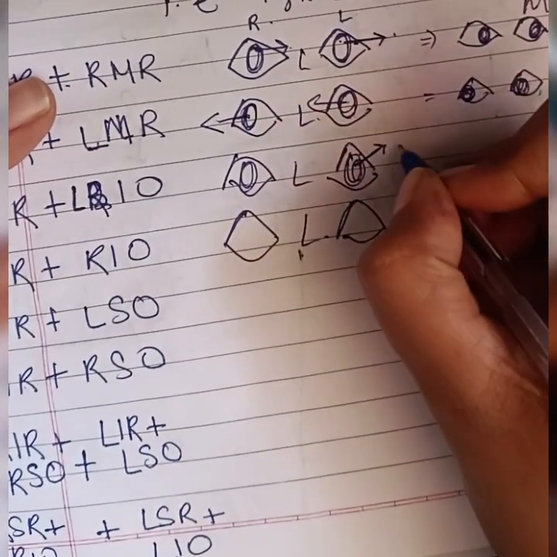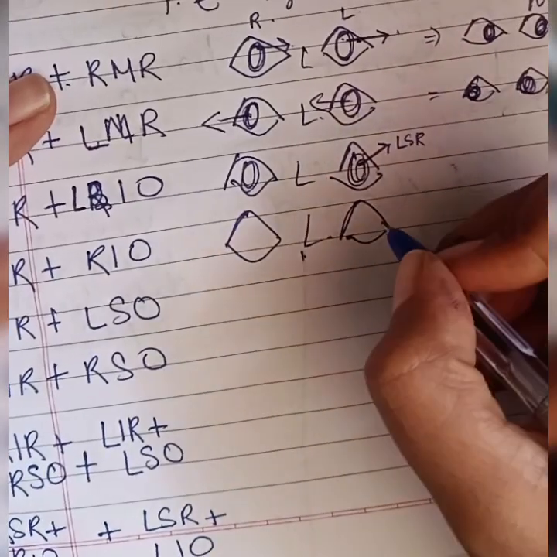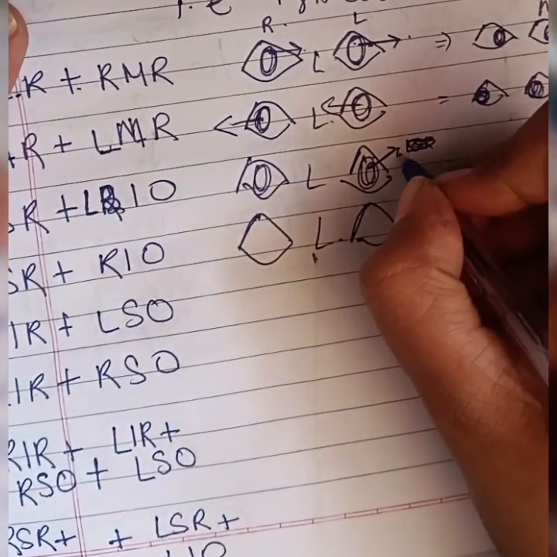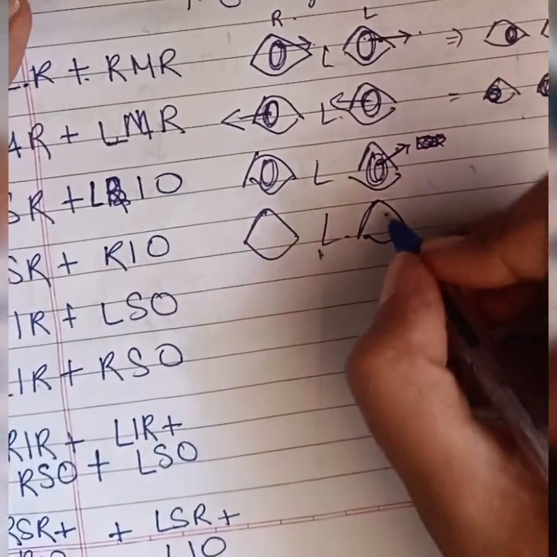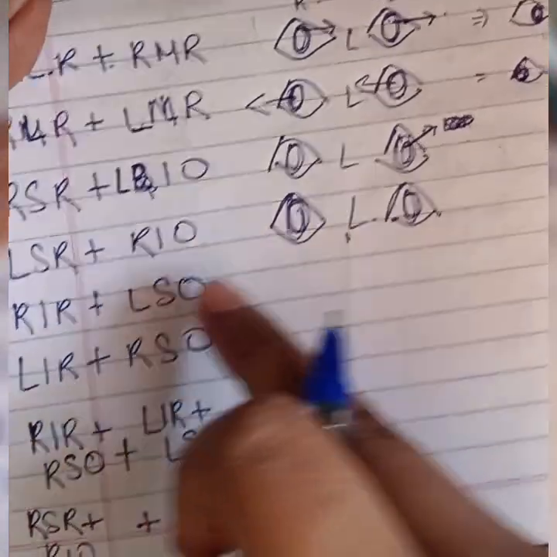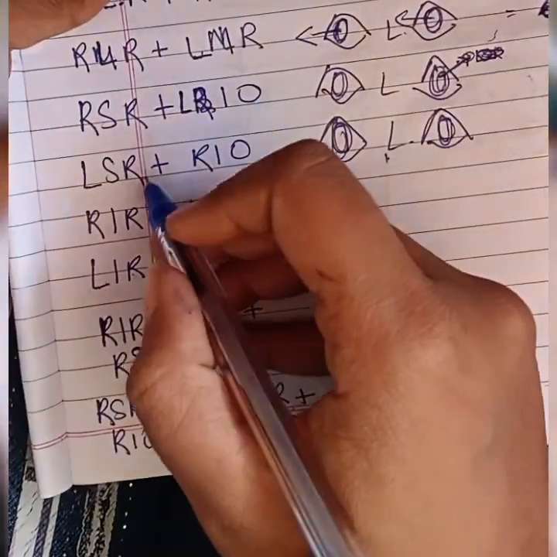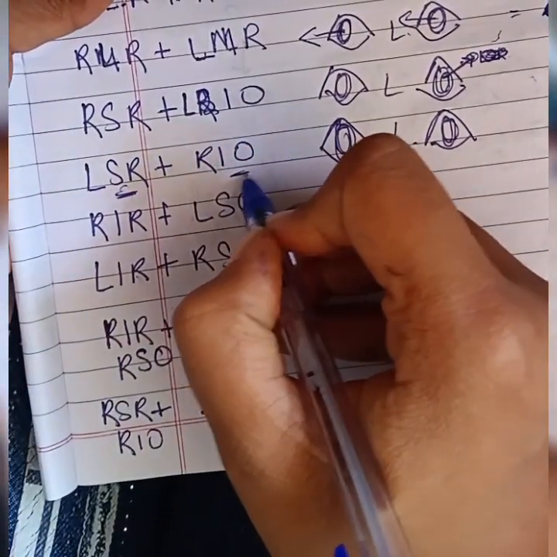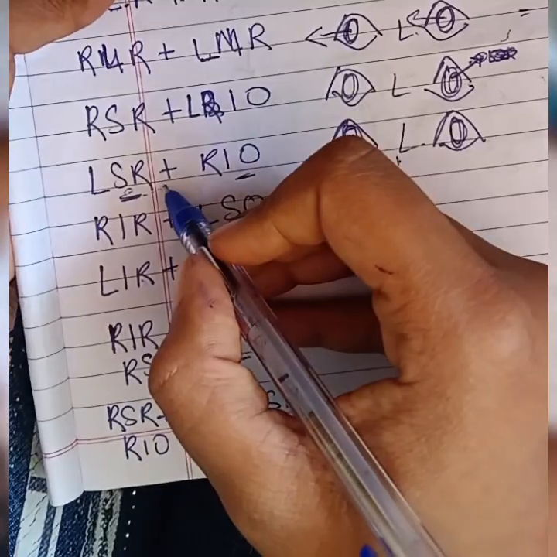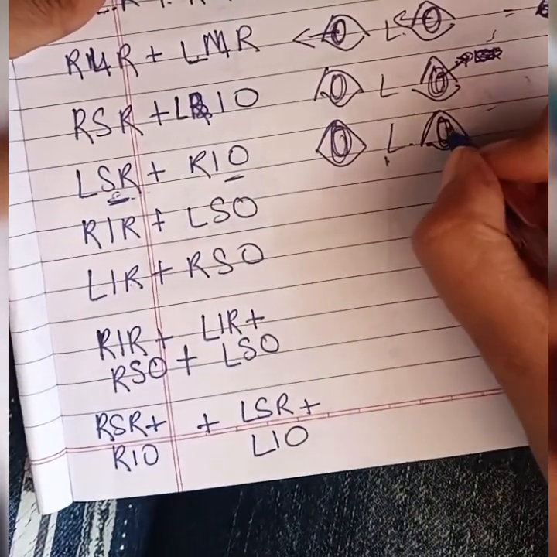So here this is your left superior rectus movement. First let's take this left superior rectus and right inferior oblique. So left superior rectus in abduction, there is elevation.